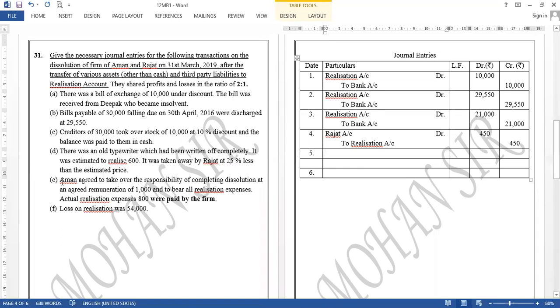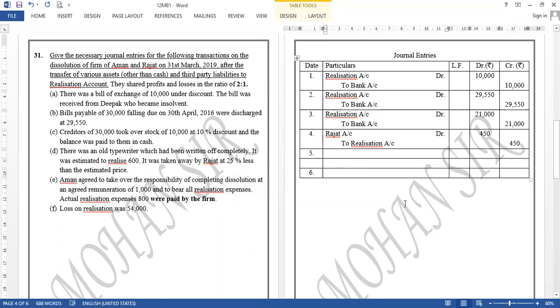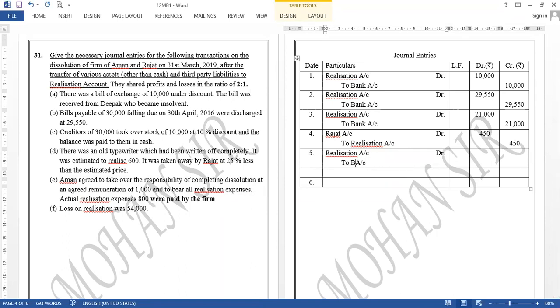Aman agreed to take over the responsibility of completing the dissolution at an agreed remuneration of 1,000 and to pay all the realization expenses. Actual realization expenses were 800 and were paid by the firm. Responsibility is given, so the entry is realization to Aman. Now Aman was to pay the expenses. The remuneration we were going to give, that is 1,000 rupees, so 1,000 is our expense.